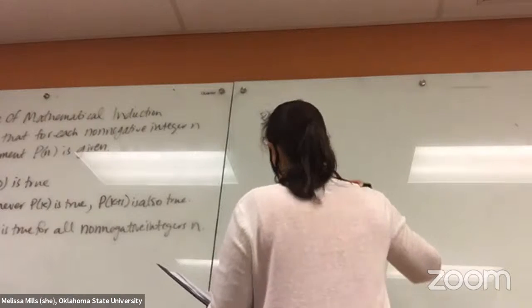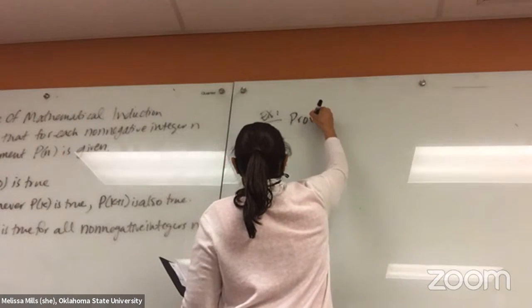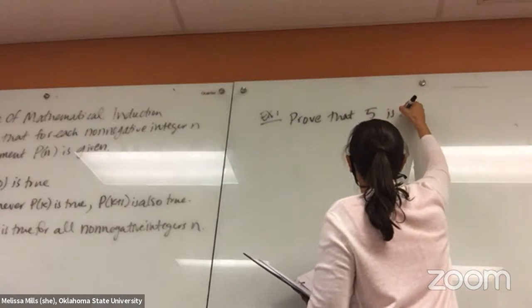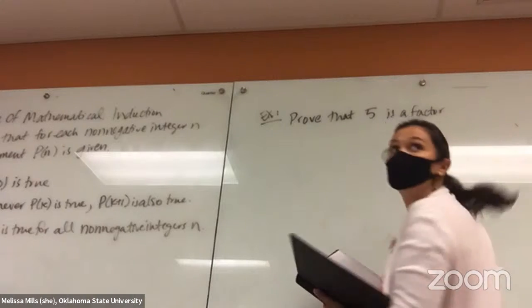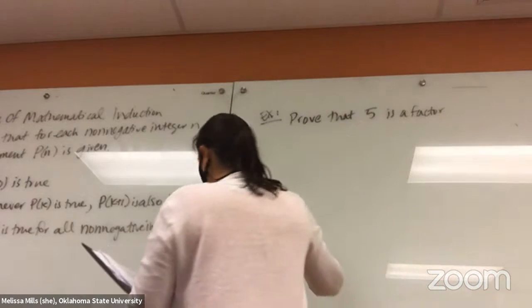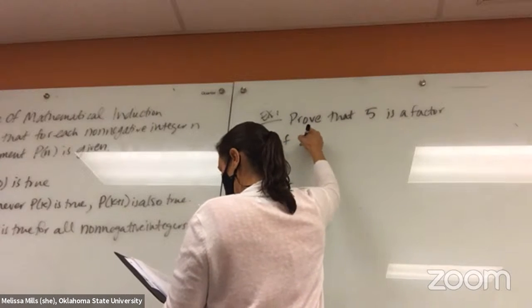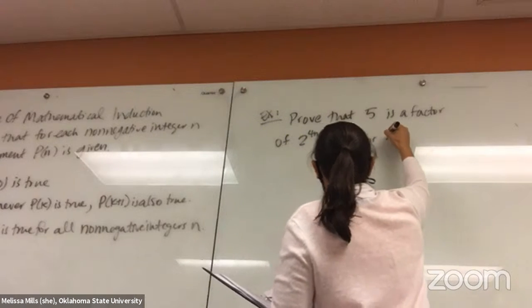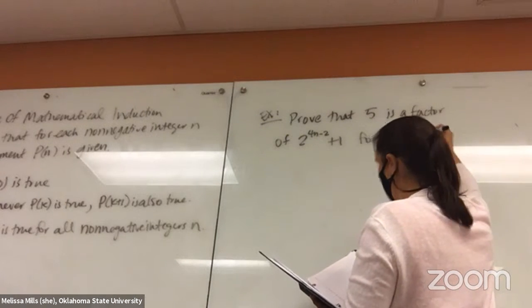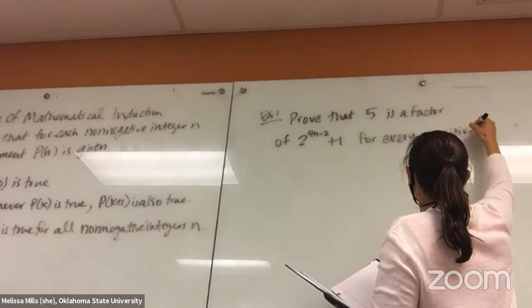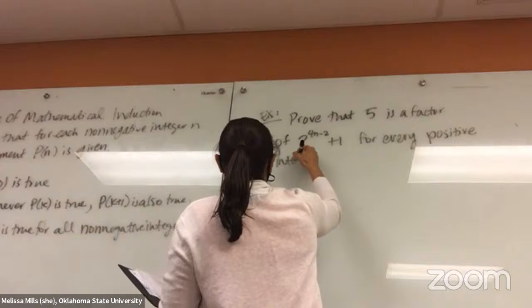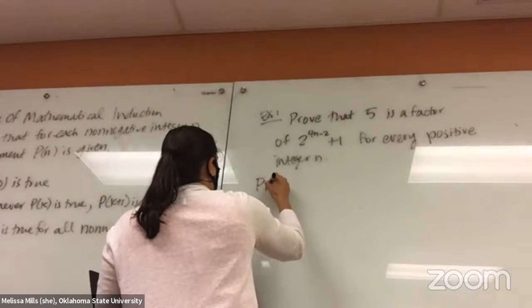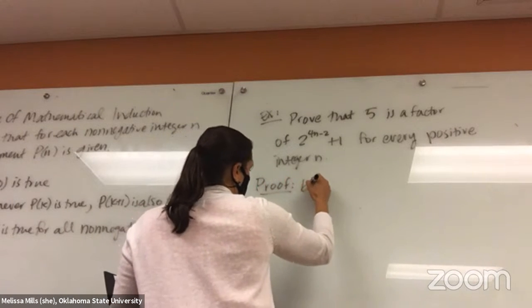We've got: prove that 5 is a factor of 2 to the 4n minus 2 plus 1 for every positive integer n. We're going to prove this by induction on n.